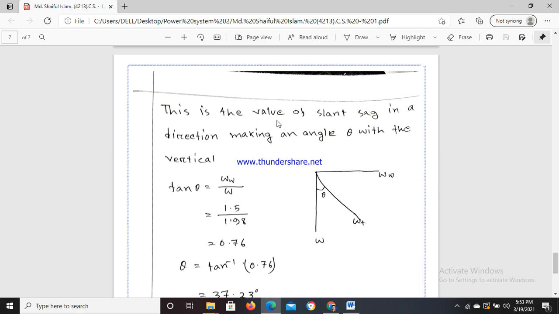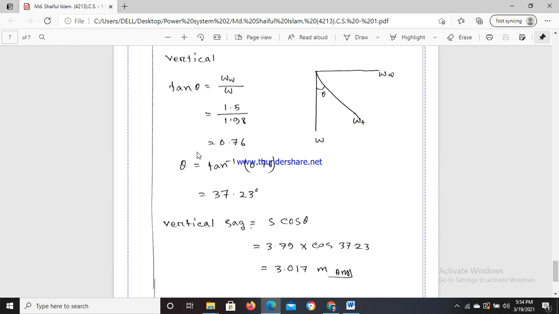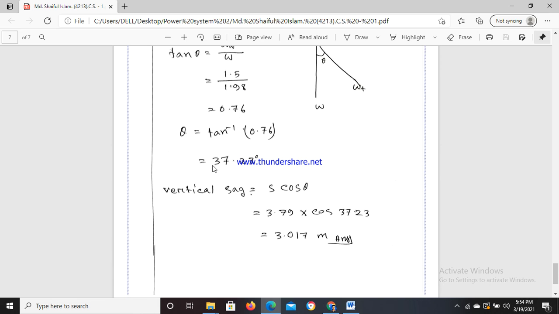This is the value of slant sag in a direction making an angle of theta with the vertical. Tan theta equal to w_w by w, this is 1.5 by 1.98 equal to 0.76. Theta equal to tan inverse of 0.76.